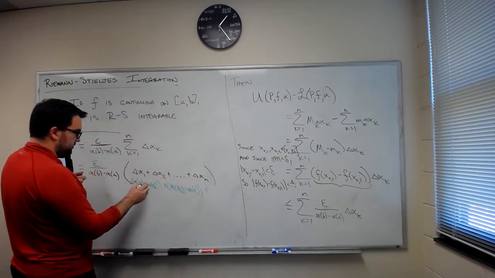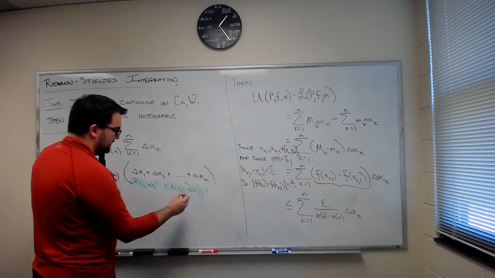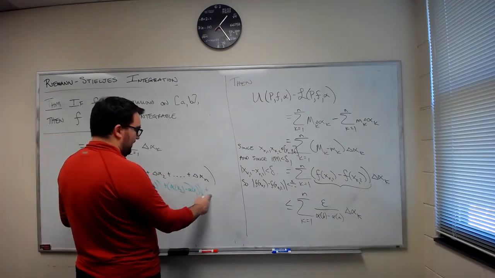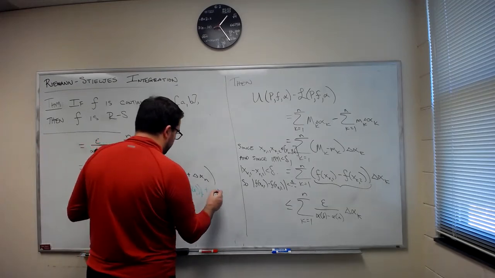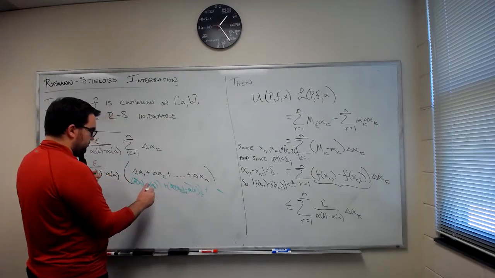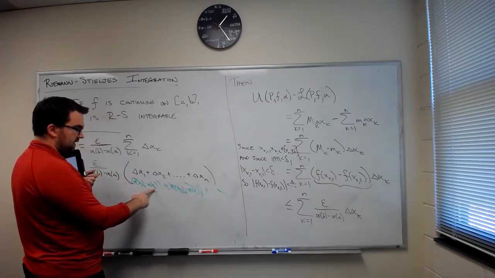What you'll notice is you have this telescoping property. So I'm going to get an alpha of x1 here and a minus alpha of x1 here. If I wrote out the next one, I would have alpha of x3 minus alpha of x2, so the alpha of x2 would cancel with the minus alpha of x2 over here. So this would continue. You're left with a minus alpha of x0, but x0 is a.